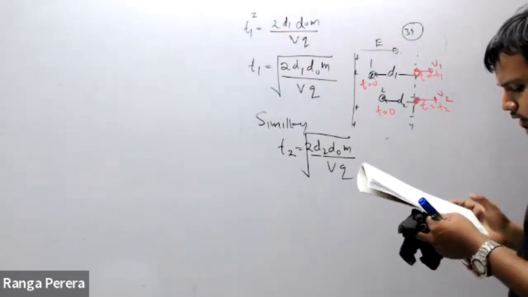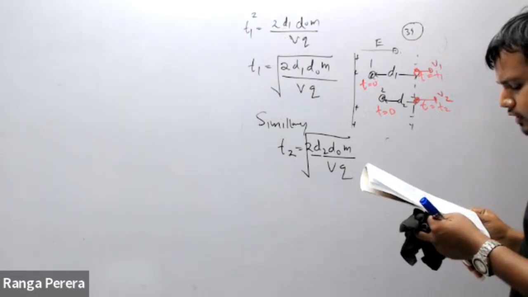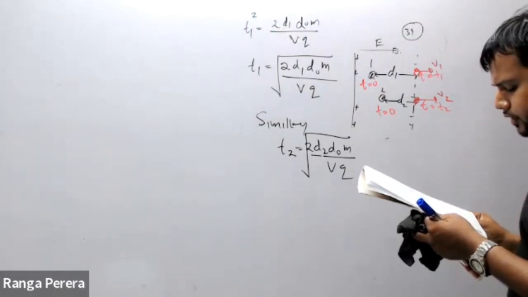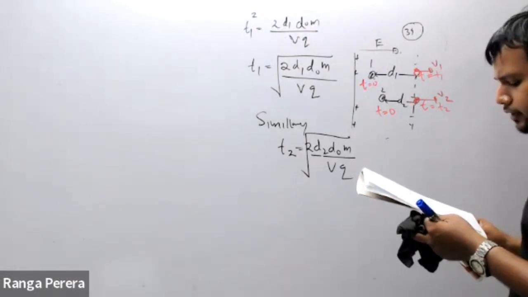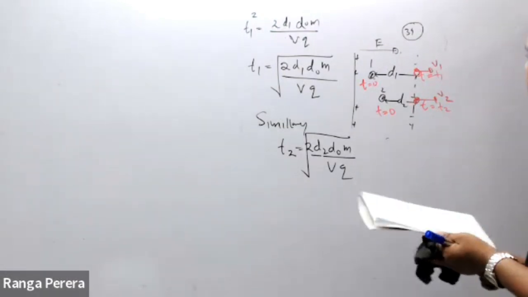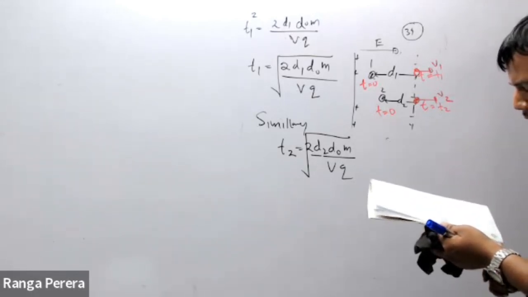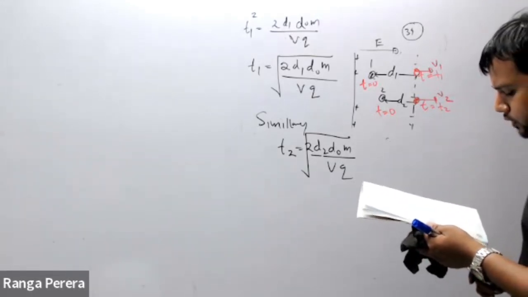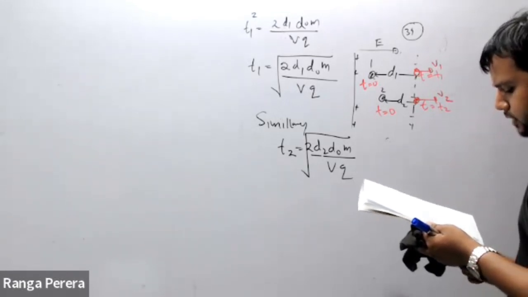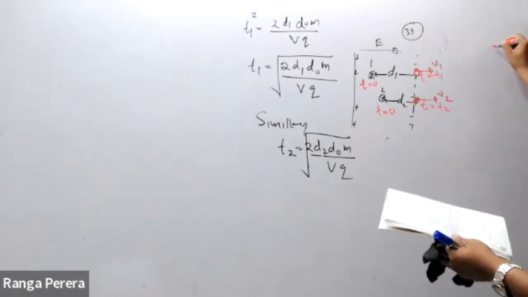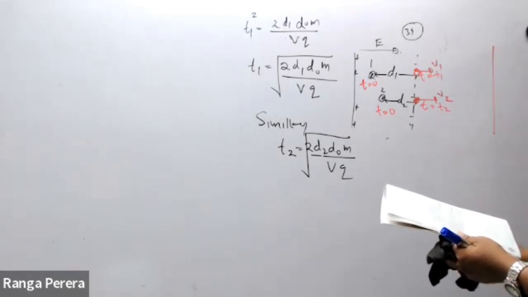Right, last part. Derive an expression in terms of T1, T2, V1 and V2 for the suitable value for the distance S at which the detector D has to be placed so that it detects both ion 1 and 2 at the same time. Let's say we place the detector at this point.